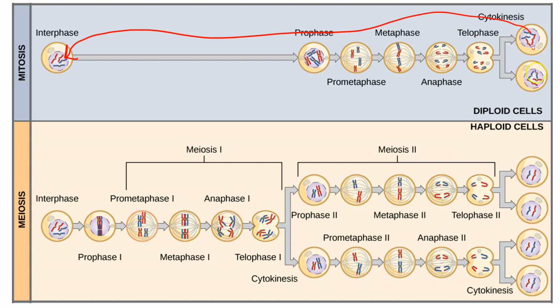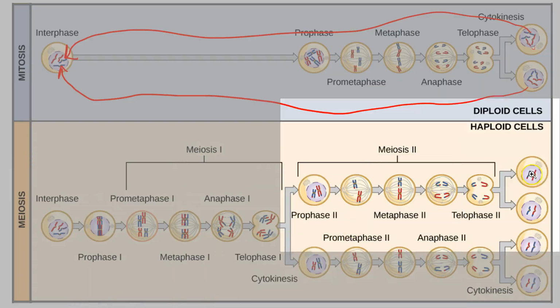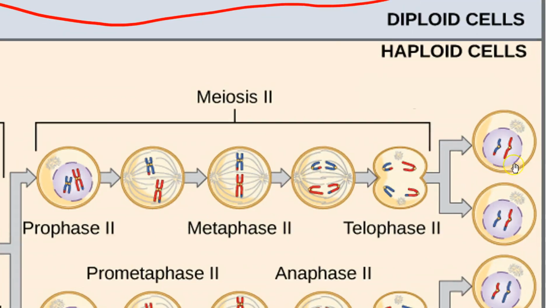Those are maintained from the original cell. But if you look and you zoom in here, you can see not only is there just one set now, but if we get really close and we look, you're going to see that the DNA has kind of been changed a little bit.